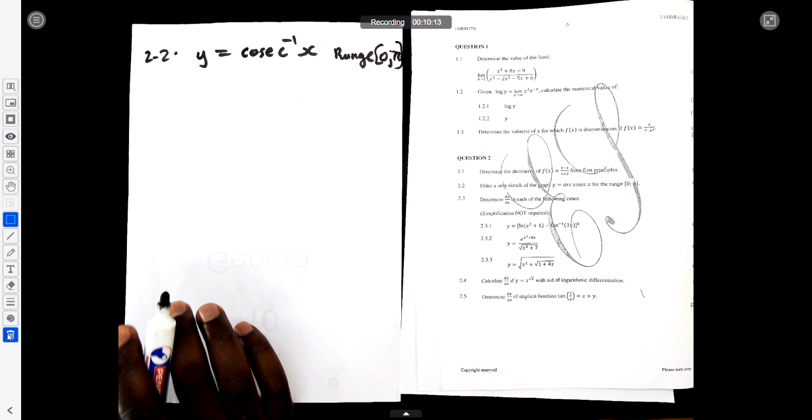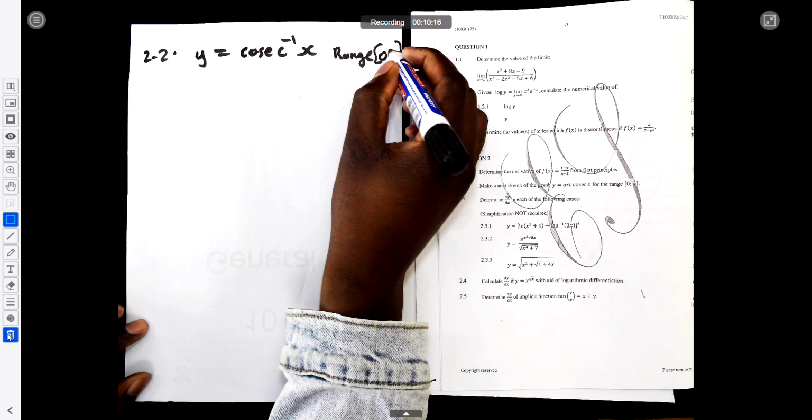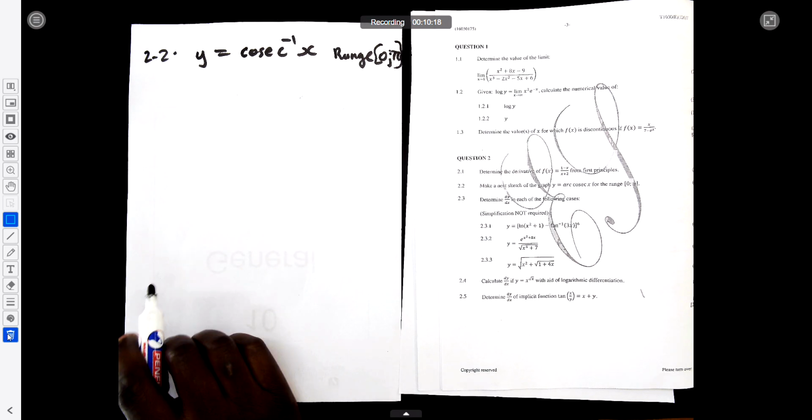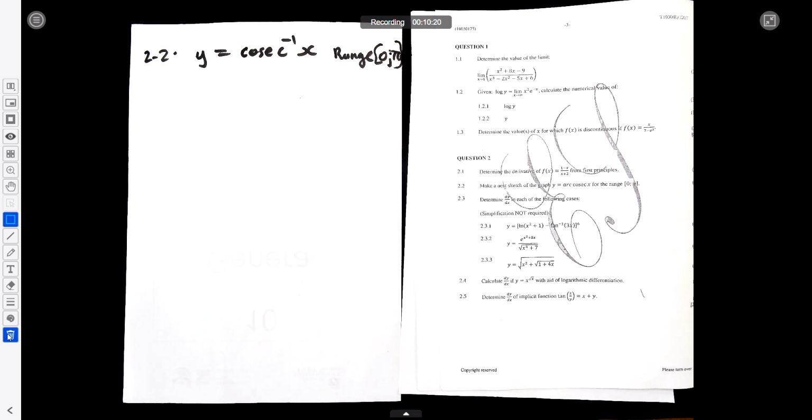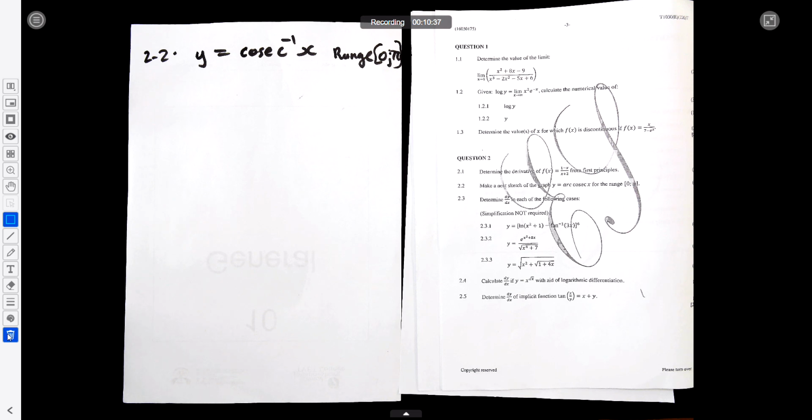So the range is 0 to pi. When we talk about range, these are y values, and the domain is our x values. So we have a range of 0 to pi.